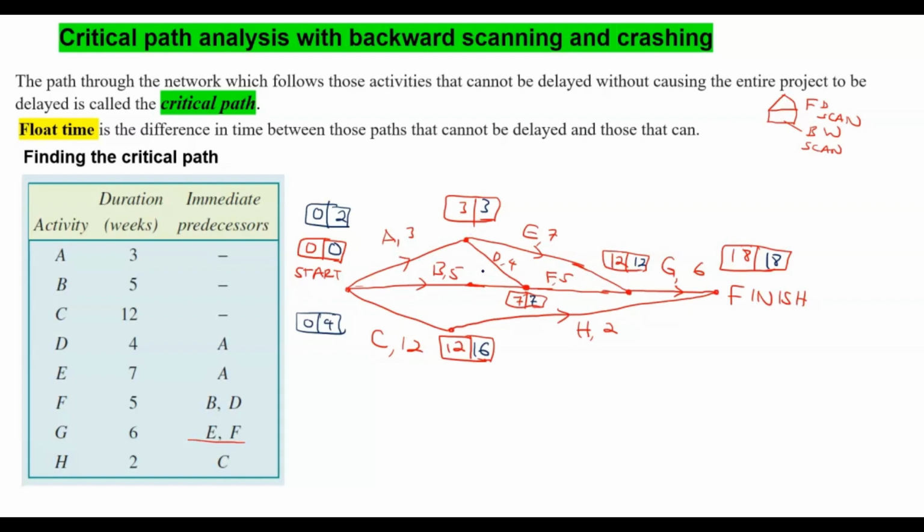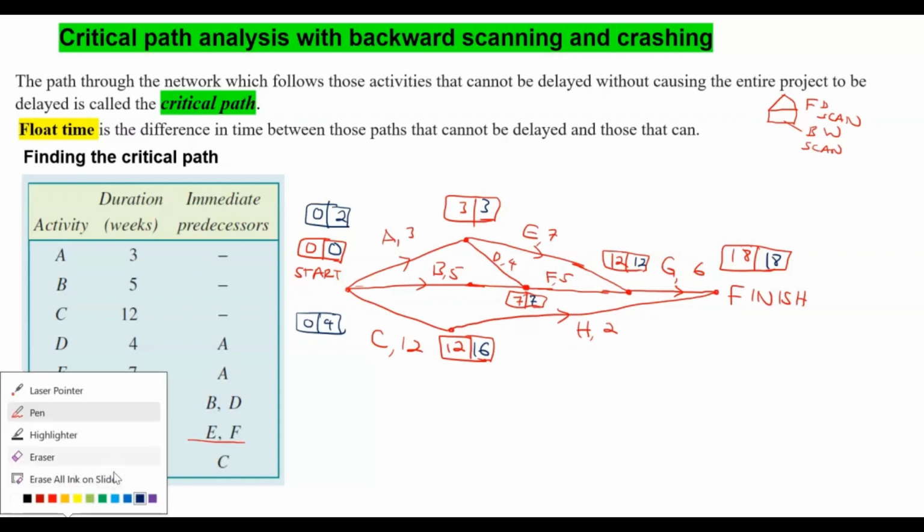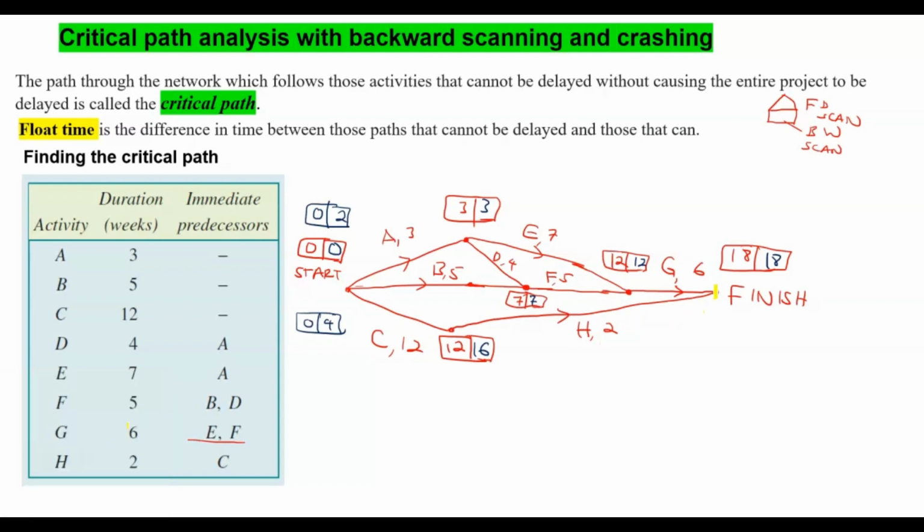Now again, we need to work out what our critical path is. If we do the back scanning, the path that gives us 0 is actually the critical path. Well, let's get a highlighter. So we went this way here, and we went that, and follow my yellow.